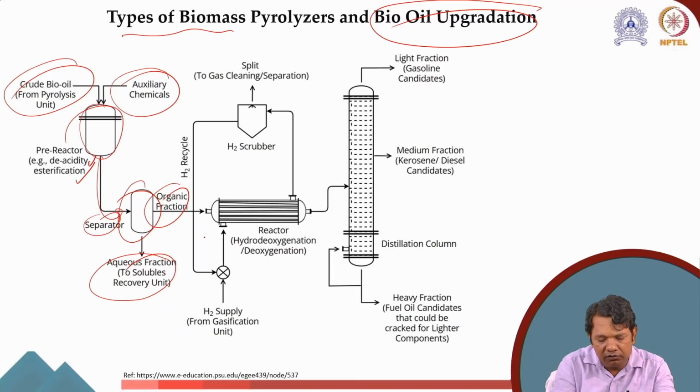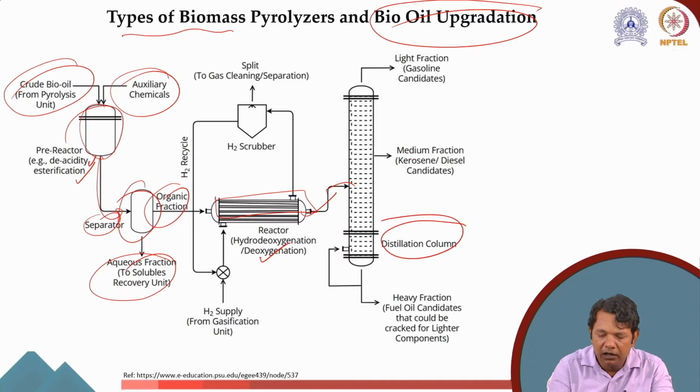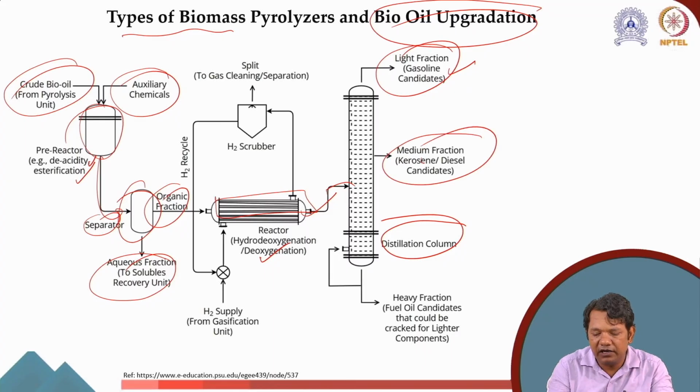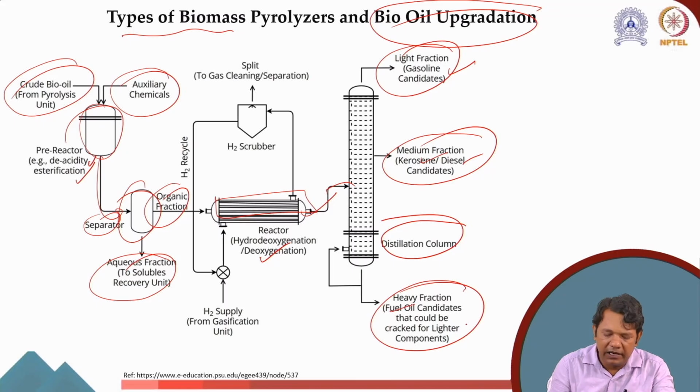That organic fraction goes through a hydrodeoxygenation reactor where it is converted into oxygen-free hydrocarbon. In hydrodeoxygenation, the cracking also happens, and there is a wide range of products. So we need a distillation column to separate the light fraction like gasoline, the medium fraction like kerosene and diesel candidates, and the heavier fraction like fuel oil, etc., that can be further cracked.